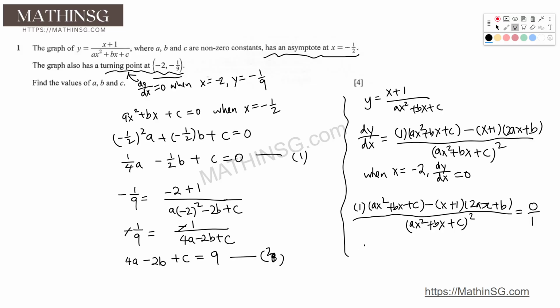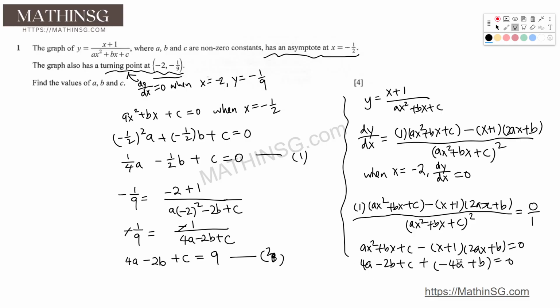So I have ax squared plus bx plus c, minus x plus 1 times 2ax plus b, equals to 0. Then I'm going to sub in x equals to minus 2. This will give me 4a minus 2b plus c. Minus 2 plus 1 is minus 1, with a minus sign in front, it's just plus 1. Then here it's minus 4a plus b.